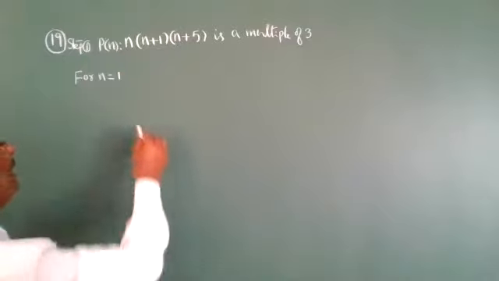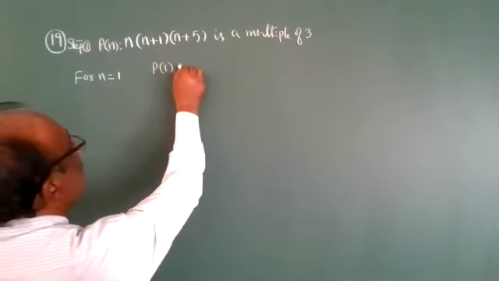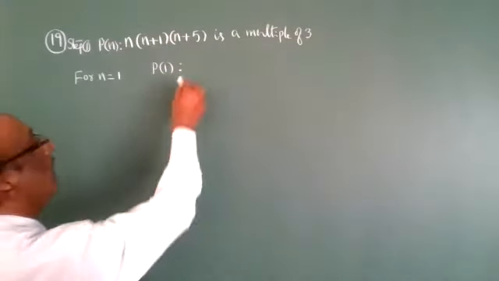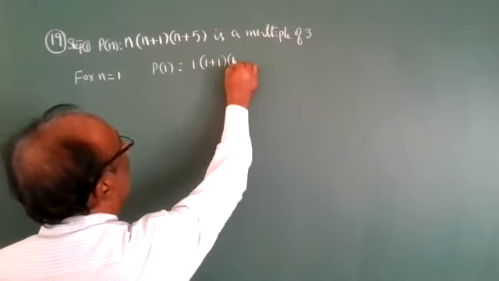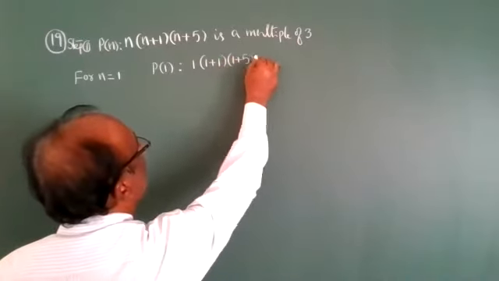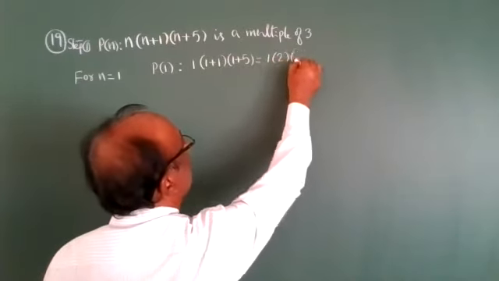Then P of 1 is 1 into 1 plus 1 into 1 plus 5, that is 1 into 2 into 6.